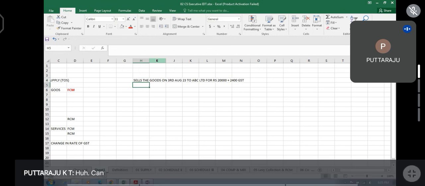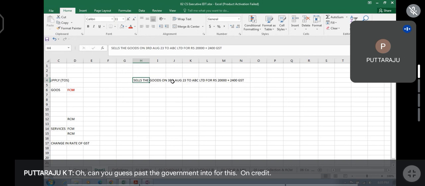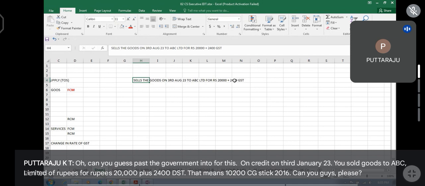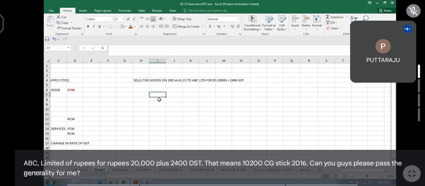Can you guys pass the journal entry for this? On credit, on 3rd August 23, you sold goods to ABC Limited of rupees 20,000 plus 2,400 GST. That means 1,200 CGST, 1,200 SGST. What is the date? 3rd August 23.